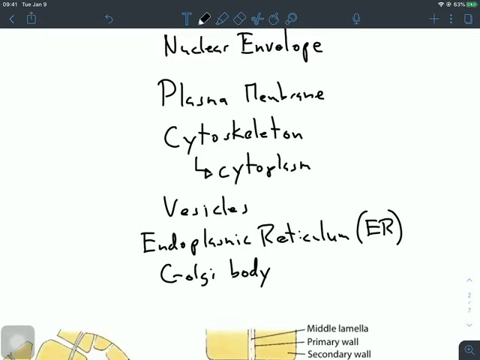These two structures will go about like a UPS store plus Amazon warehouse, producing, packaging, and getting things into vesicles, and then the vesicles will get them where they need to go. So when I talk about the membrane specialization, I'm really referring to a lot of what's happening in these vesicles, endoplasmic reticulum, and Golgi body of the cells.